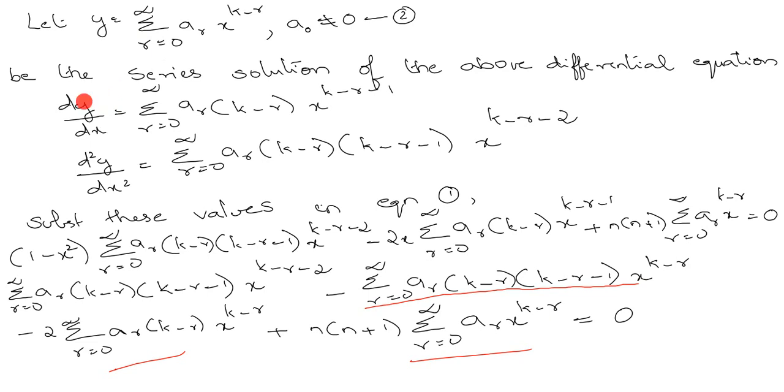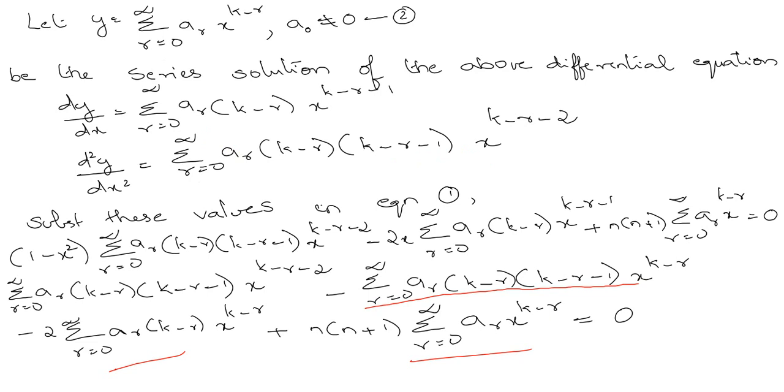First let us find dy by dx, which is sigma r is equal to 0 to infinity ar (k minus r) into x raised to k minus r minus 1, and d square y by dx square will be sigma r is equal to 0 to infinity ar (k minus r) into (k minus r minus 1) x raised to k minus r minus 2.